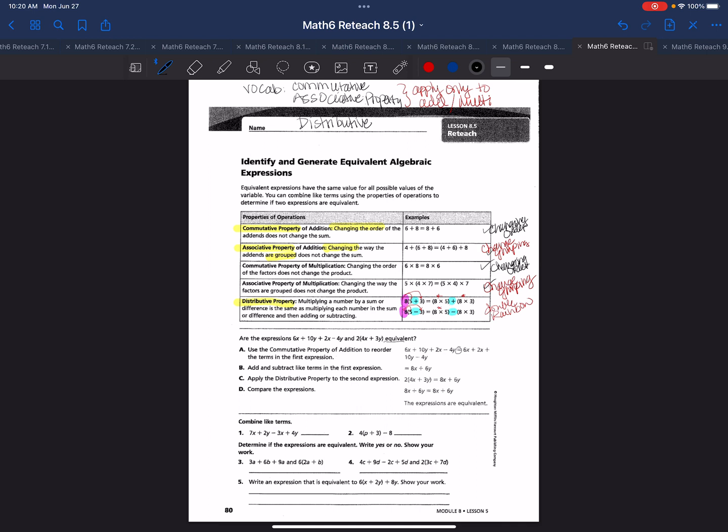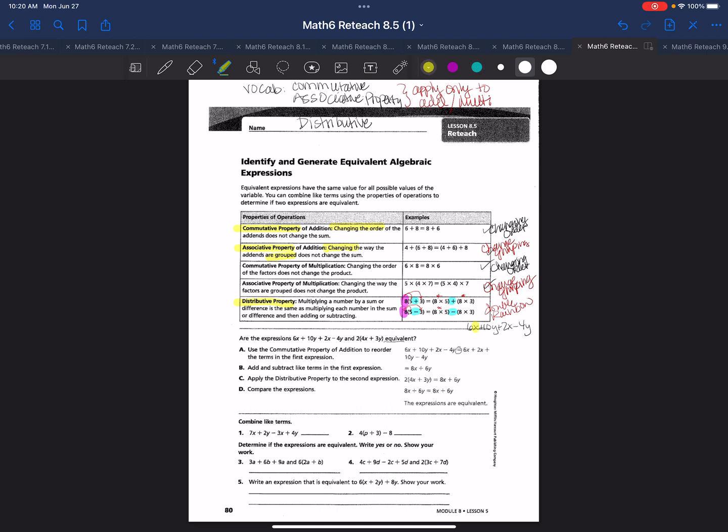So we have 6x plus 10y plus 2x minus 4y. If I rewrite those, so let's do 6x plus 10y plus 2x minus 4y. I want to combine like terms here.